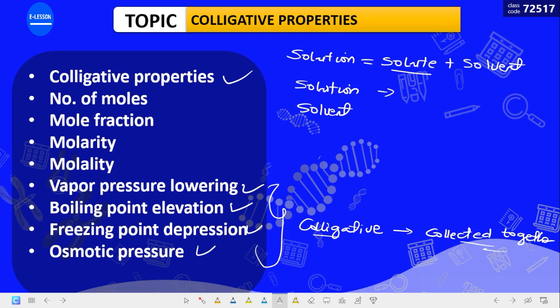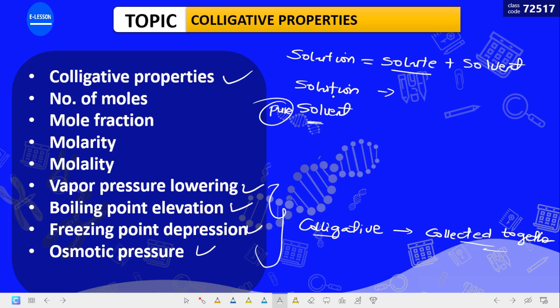These are vapor pressure lowering and boiling point elevation. That means the vapor pressure of the solution will be lowered, and the boiling point will increase, which is elevation. The freezing point will be lower, and then there will be osmotic pressure. So all these properties of solutions which are different from those of the pure solvent are known as colligative properties.